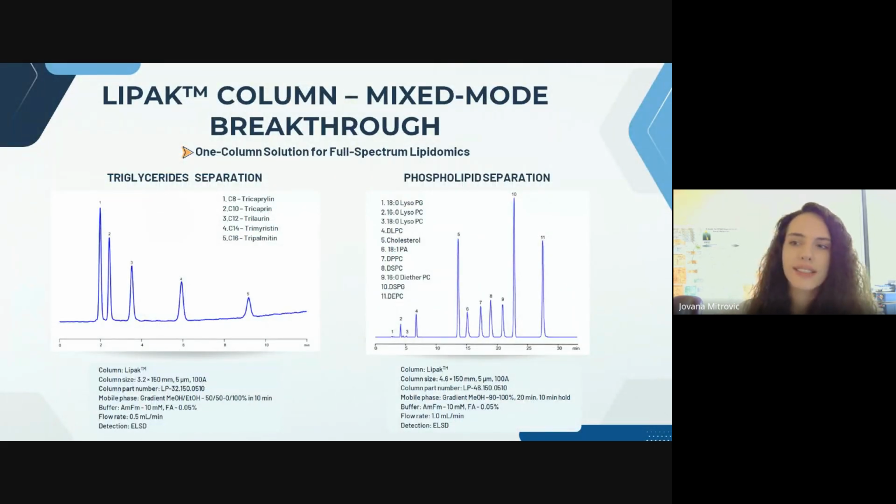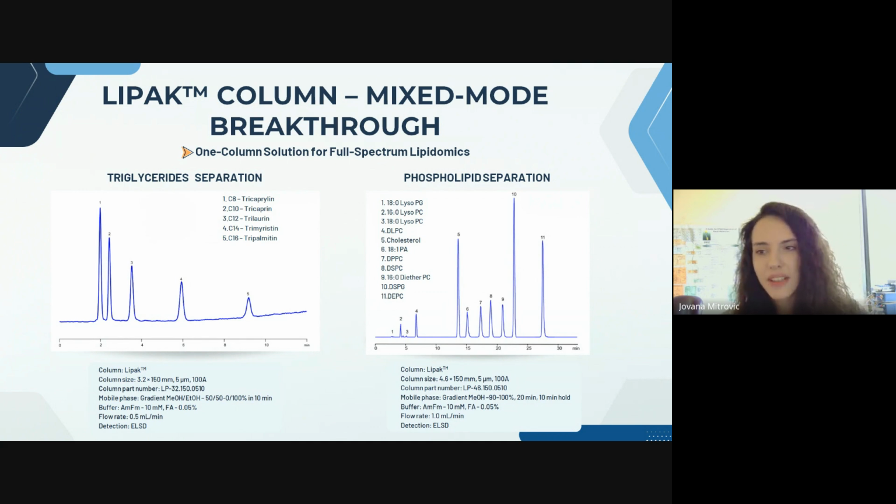Here are two examples demonstrating the LIPAC column's outstanding performance across different lipid classes. In the right chromatogram, we separate a variety of phospholipids. These amphiphilic molecules often have very similar structures, may share the same fatty acid chain length, but differ only in their polar head groups, or vice versa.